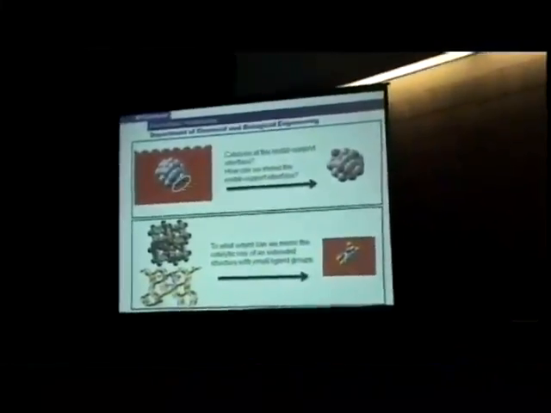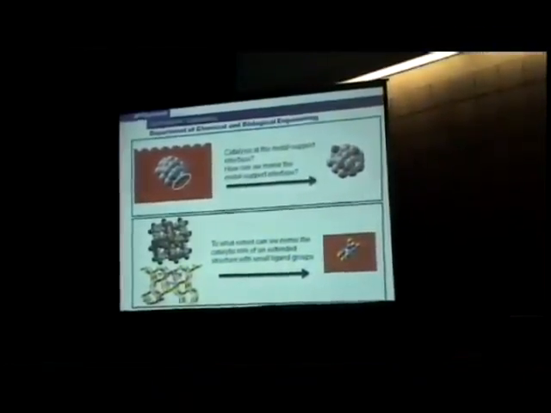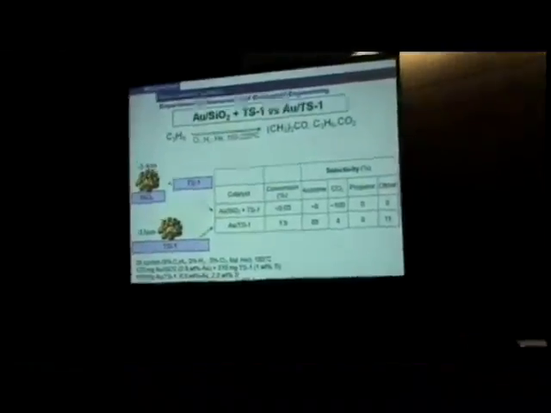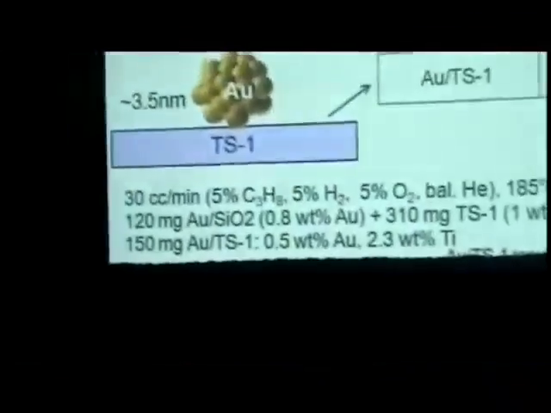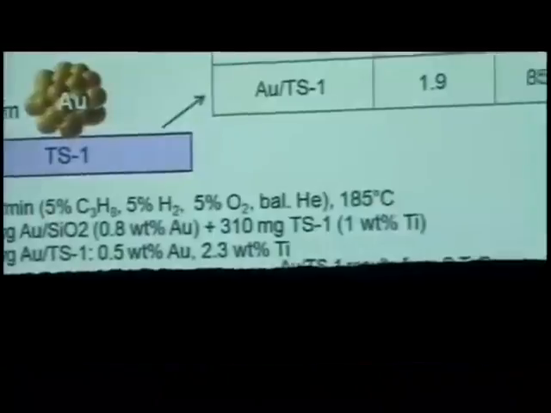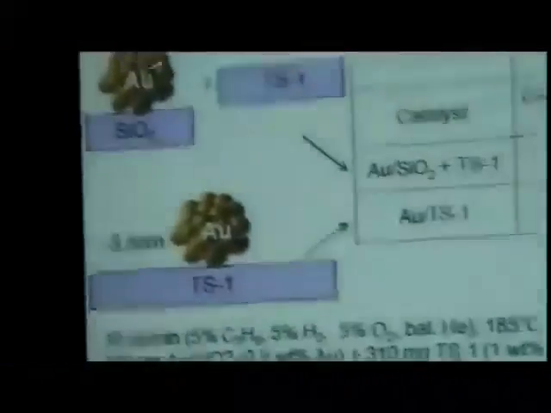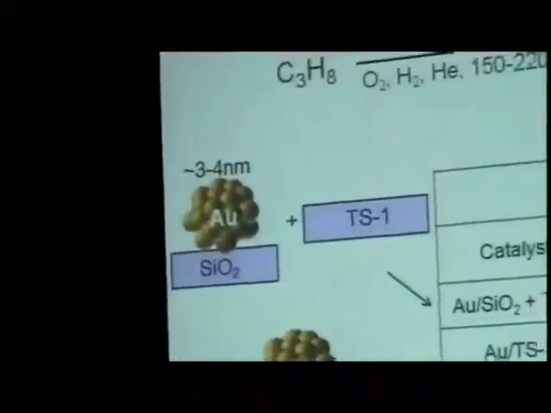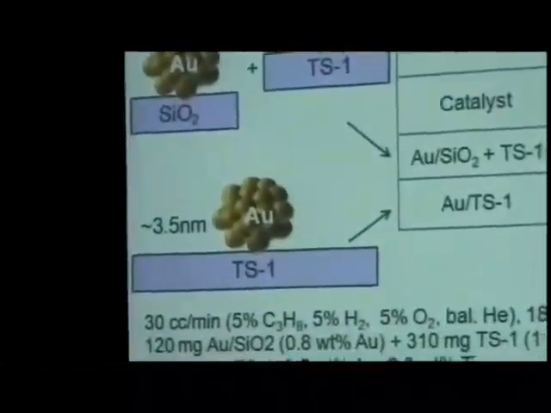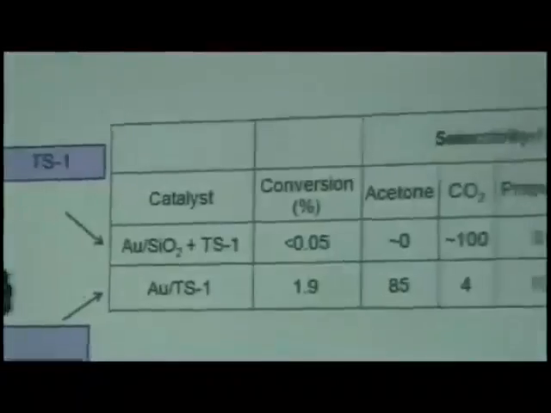So let's go to the first one first, which is an attempt to investigate something that can represent this metal oxide support interface. The particular reaction that drove us to study this is the report that supported gold catalyst can produce acetone with high selectivity, although the conversion is very low.